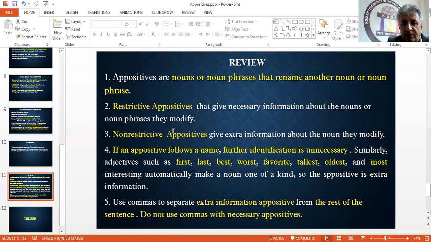And if an appositive follows a name, further identification is unnecessary. Adjectives such as first, last, best, worst, favorite, tallest, oldest, and most interesting automatically make a noun one of a kind. So the appositive is extra information.